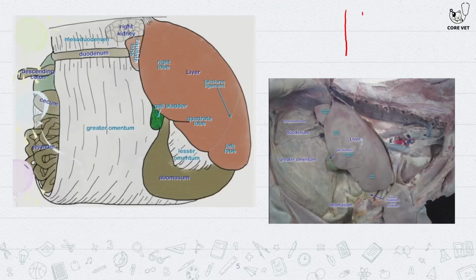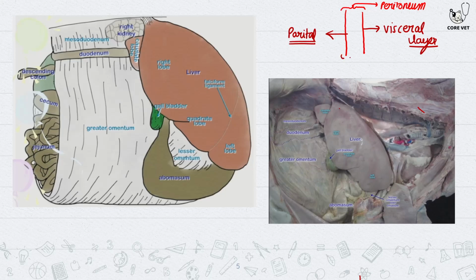Consider this is the peritoneum. This is the visceral layer. This is the parietal.